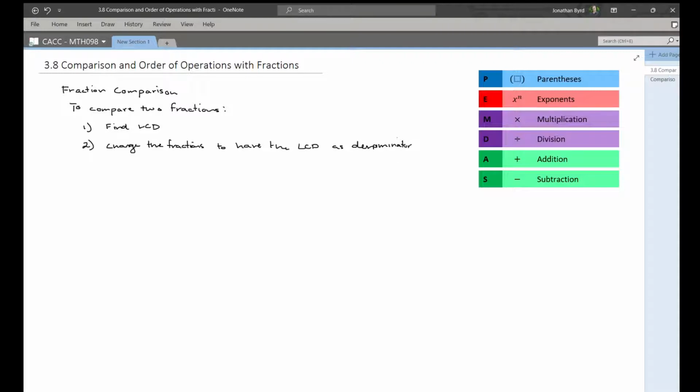Or the way that the book says it is to put the fractions into equivalent fractions with the LCD as the denominator. And then the third part, which is really the comparison part, is compare the numerators.